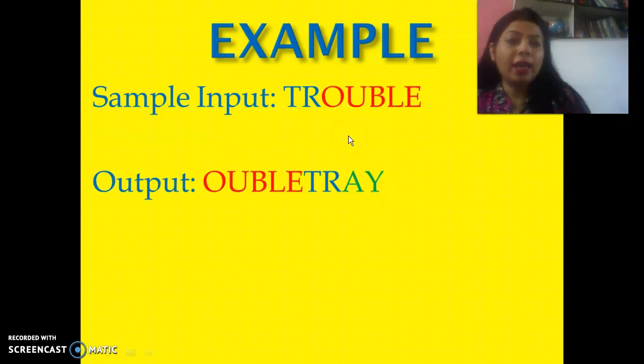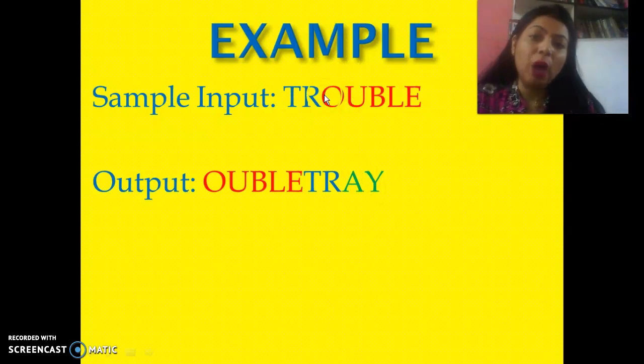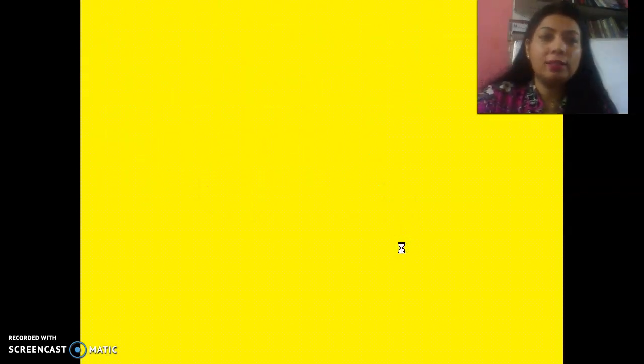So I again repeat: first you find the vowel, then from that vowel till the end, then the first portion, then AY. AY is fixed. So if you have TROUBLE, then in your output you will get OUBLETRAY. So this is the Pig Latin form of trouble. So let's start.